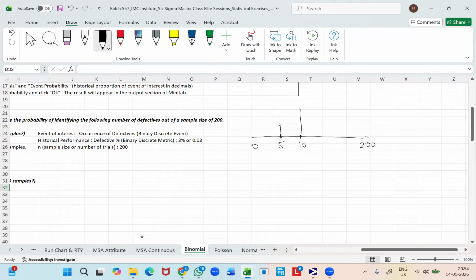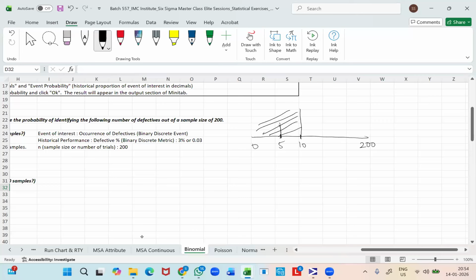So basically, we need to estimate the area or probability to the left of this value 10. When you say at most 10, we need to estimate the probability of getting maximum 10 defectives. That means we will not exceed 10.